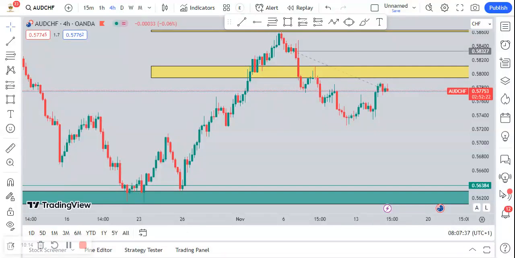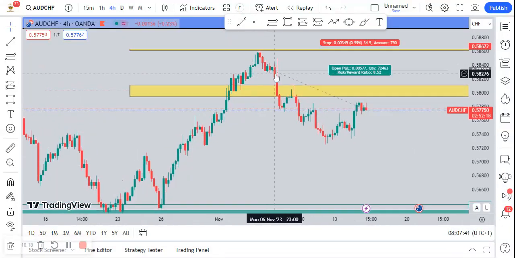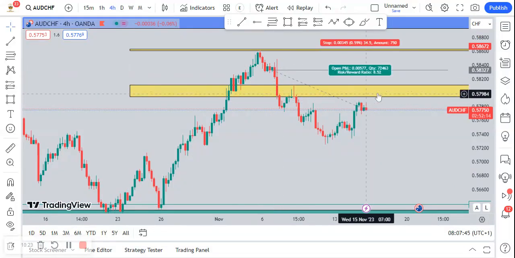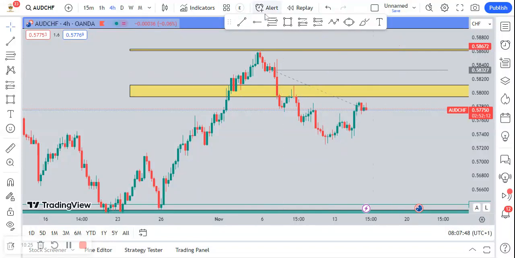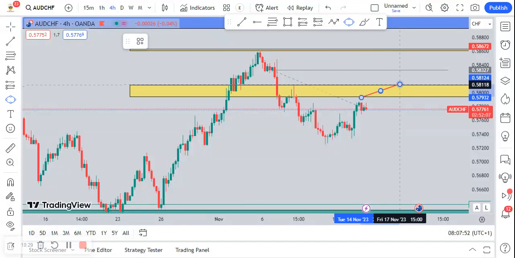You can see where I entered this trade from here. So another entry is coming around this zone. What I'm expecting here is for the market to come into this yellow zone.